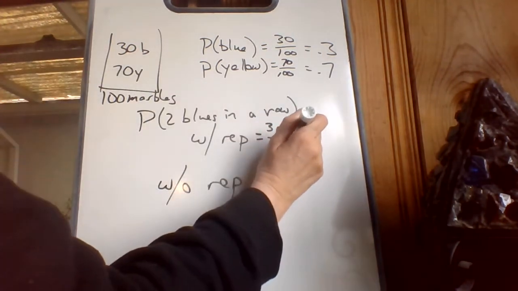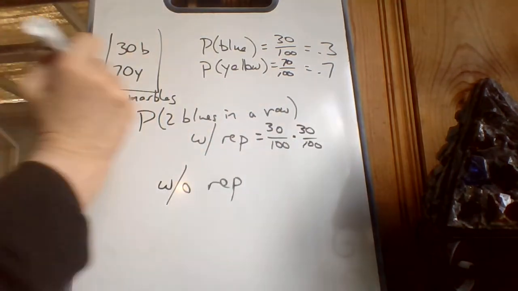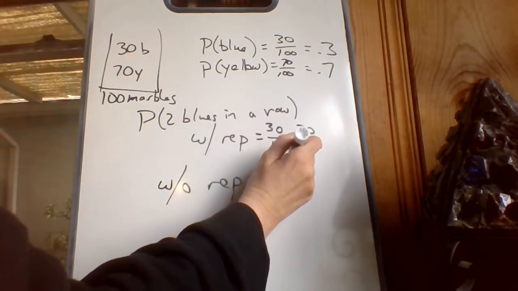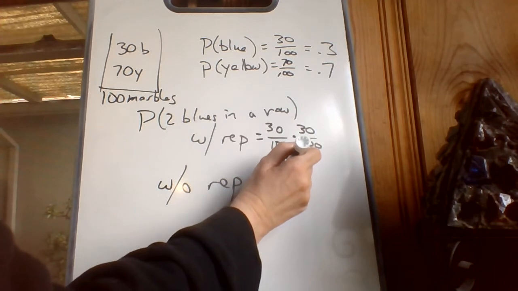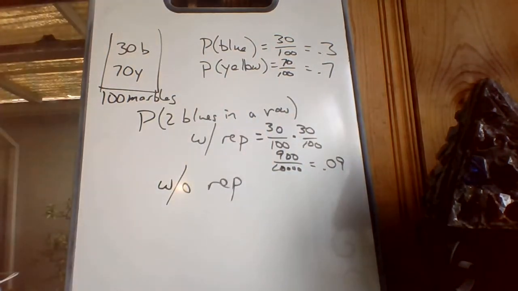So when I go to do it again, it's 30 out of 100 again, and that's 900 out of 10,000, so that's 0.09. That's the probability of getting two blue ones in a row, as long as I drop it back into the bucket after the first one.